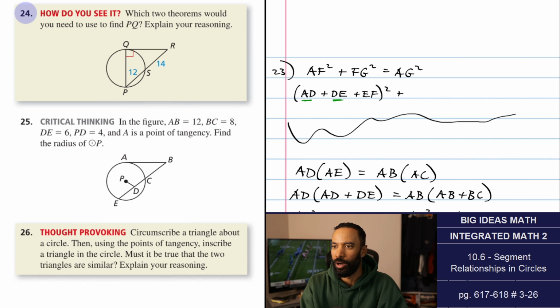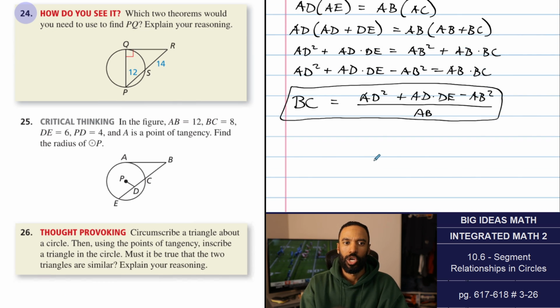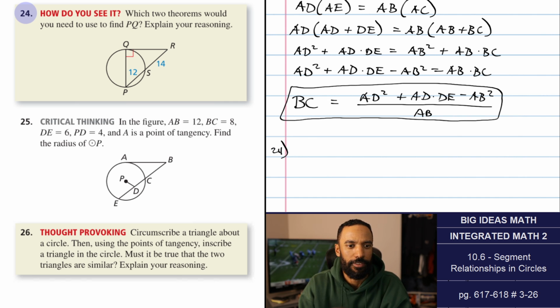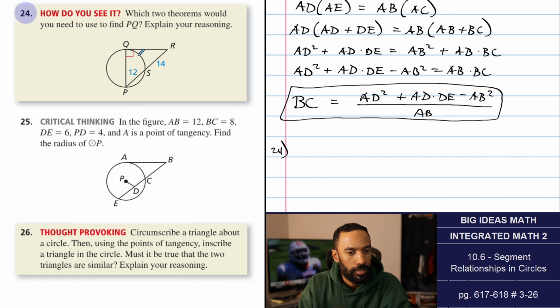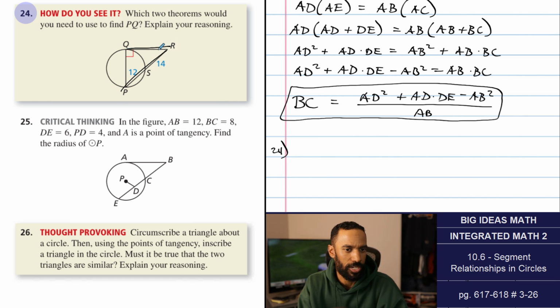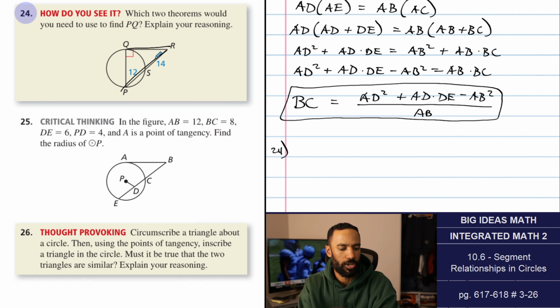Okay, number 24. How do you see it? Which two theorems... Oh, I don't know names of theorems. I tried before. Which two theorems would you need to use to find PQ? Explain your reasoning. Well, we could use the segments of secants and tangents theorem, because that's a secant, that's a tangent, and then tangent of a circle theorem.